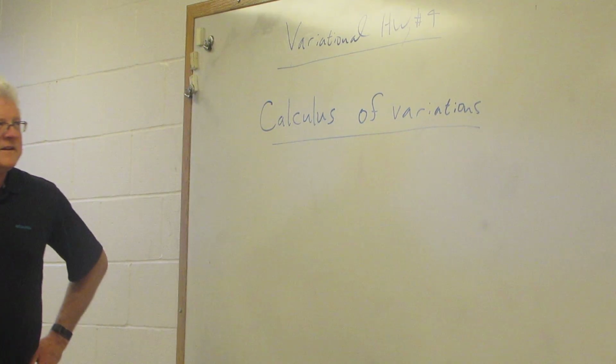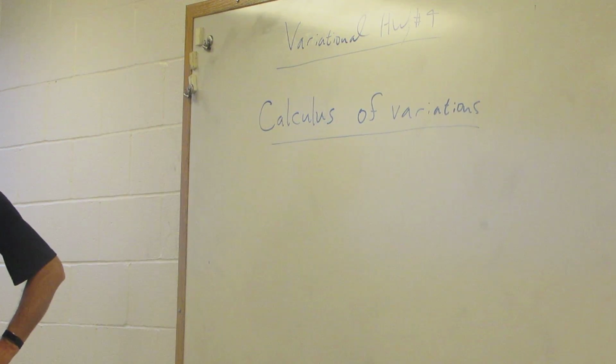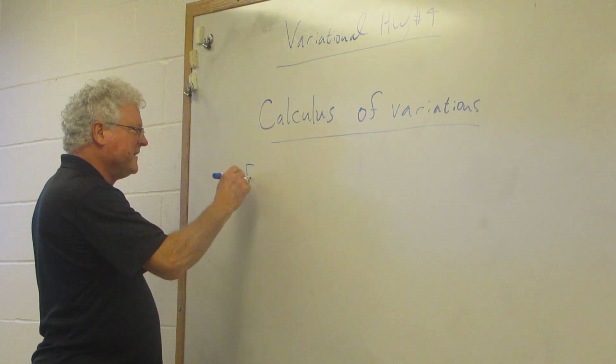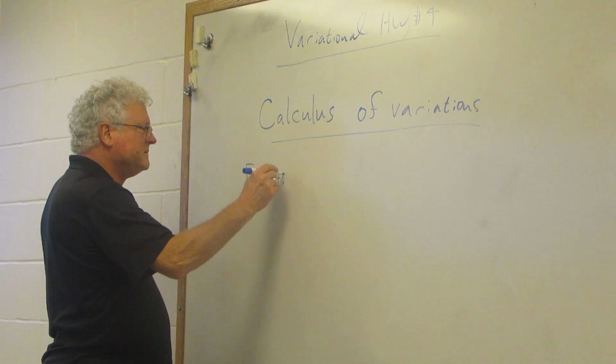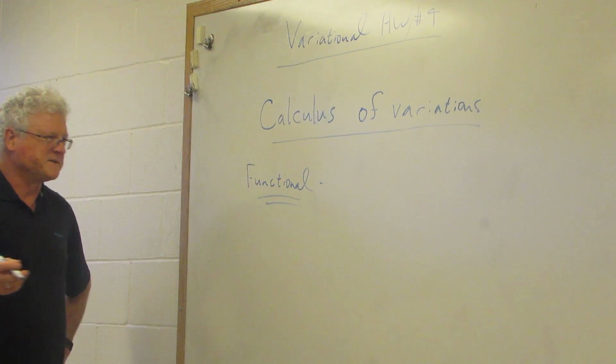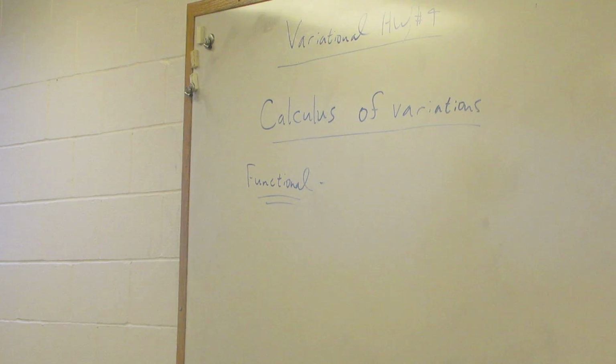And the idea is that we introduce a concept which is called the functional, and it turns out that a lot of things, like just an integral, for example, is actually a type of functional.